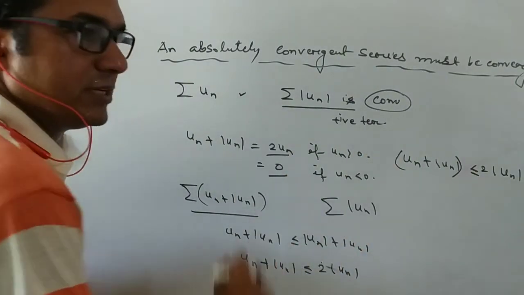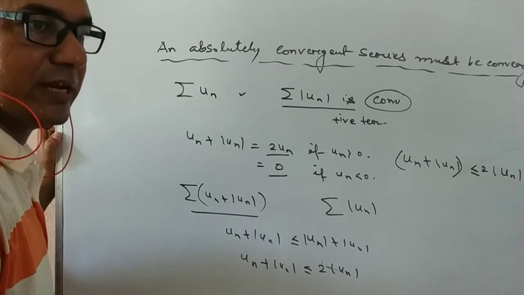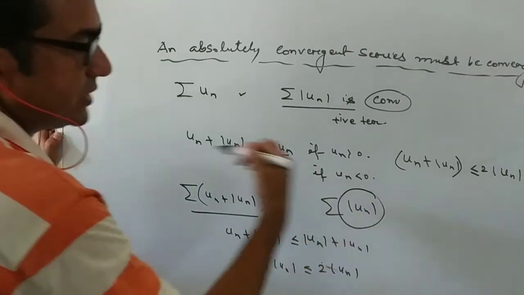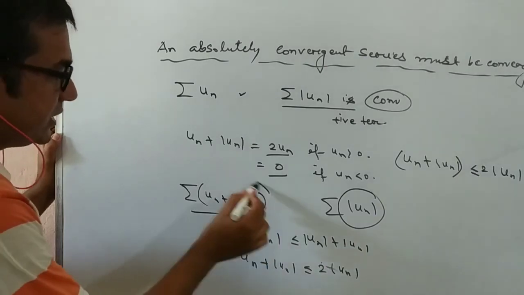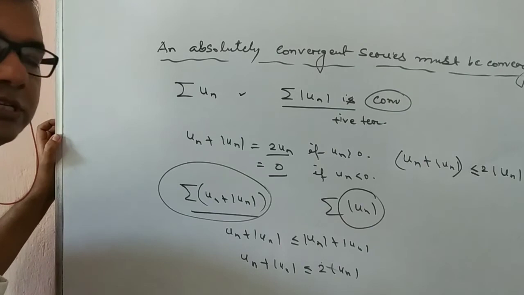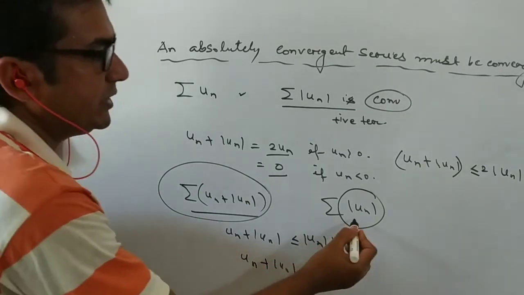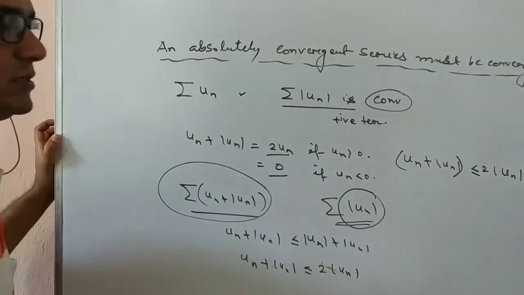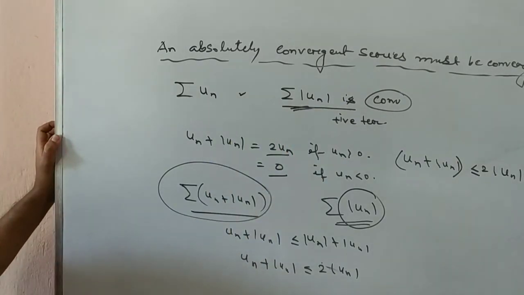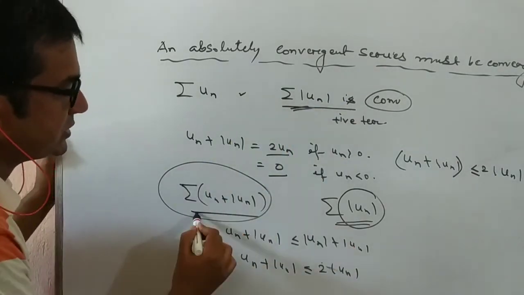So by comparison test we say that if this series is convergent, then this series must be convergent. This is the comparison test in general form, and it is given that this series is convergent because this is a convergent series of positive terms. So we must have this series also convergent.